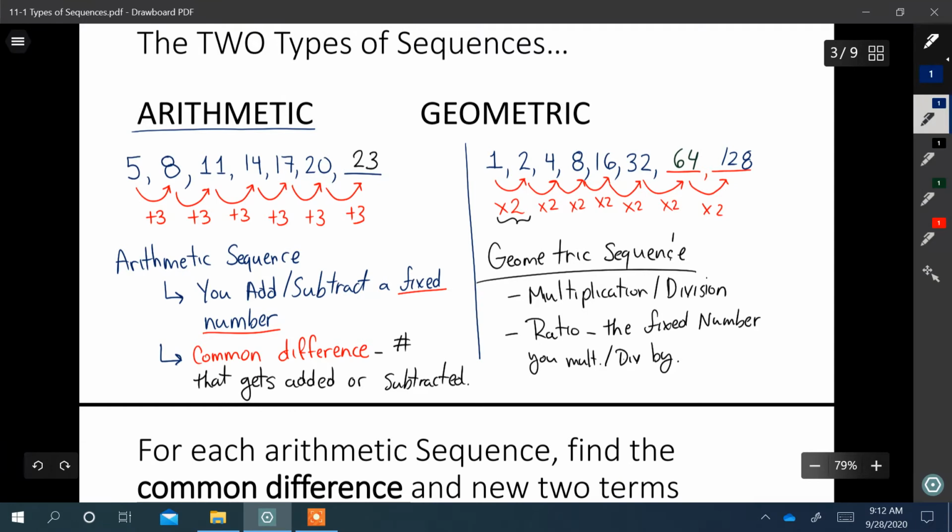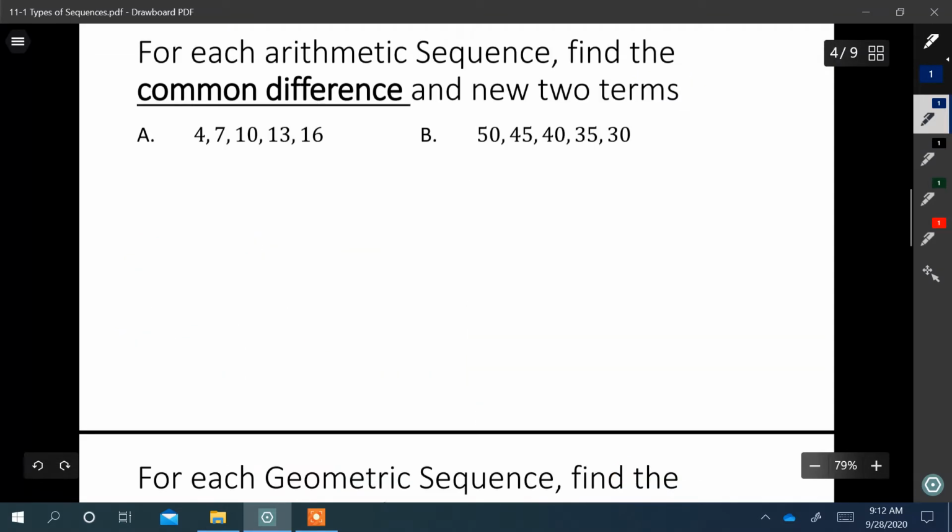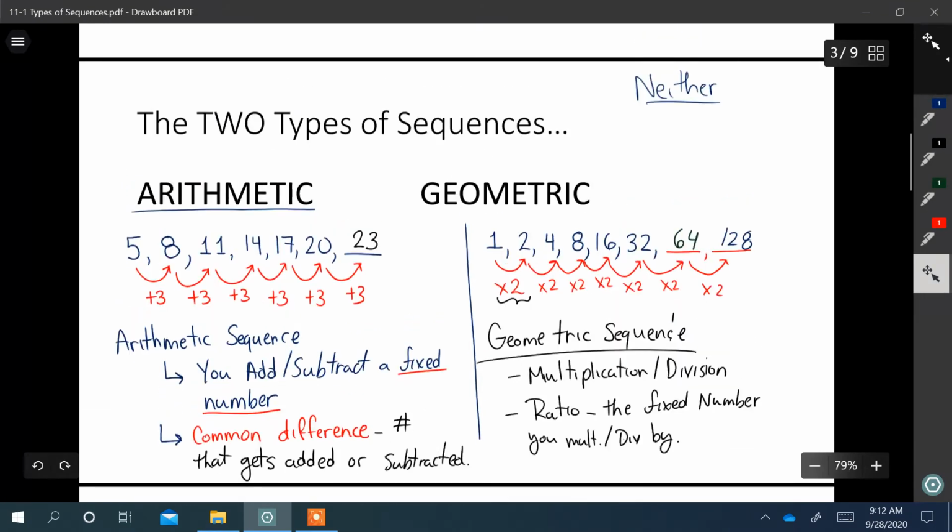Now, are all sequences going to be arithmetic? Are all sequences going to be geometric? Not necessarily. Okay, there are a few sequences that are neither. Let me give you an example of a sequence that is neither.